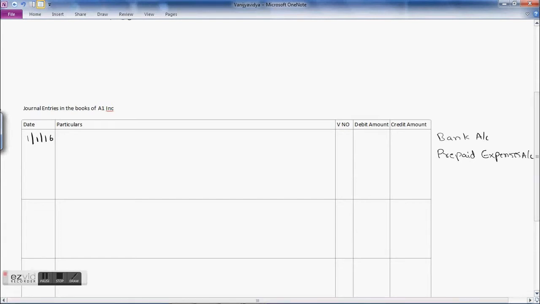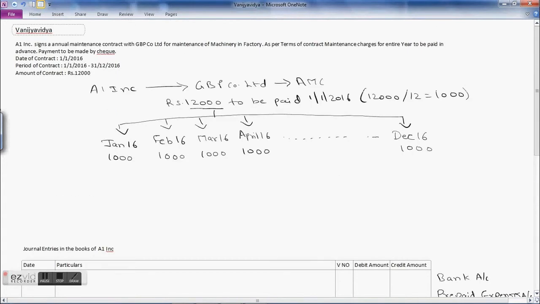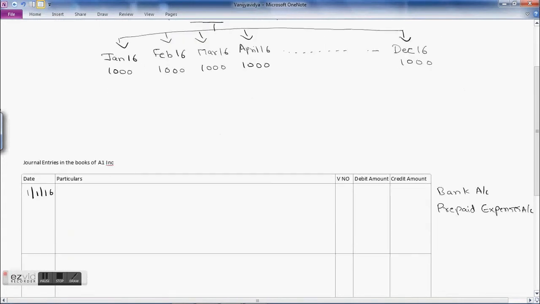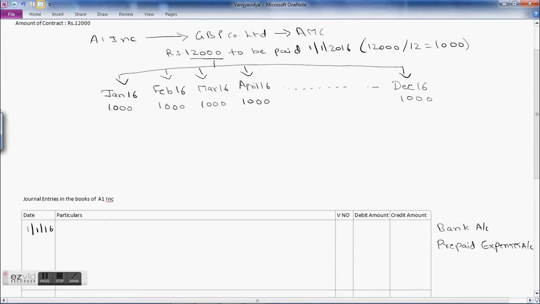Now you will have a doubt: why can't we name it as advance to GBP Company Limited? We can name it as advance to GBP Company Limited also, but practically what happens is there will be many AMC contracts in the company, right? So it's not possible to keep track and record of each and every account.